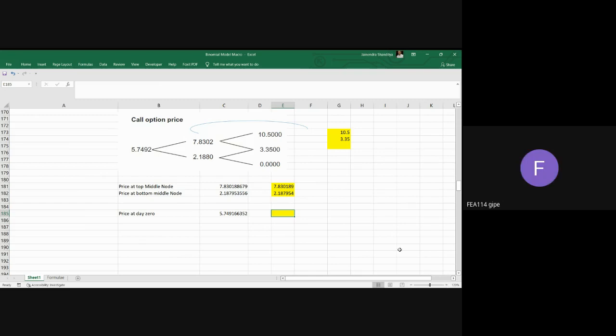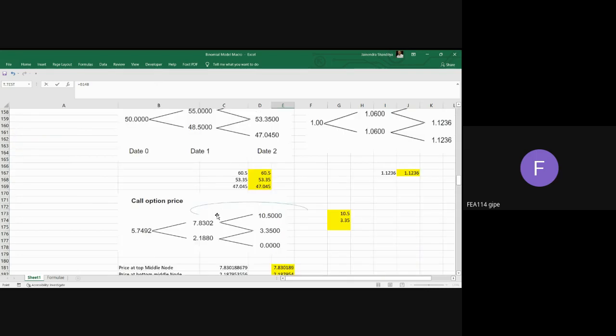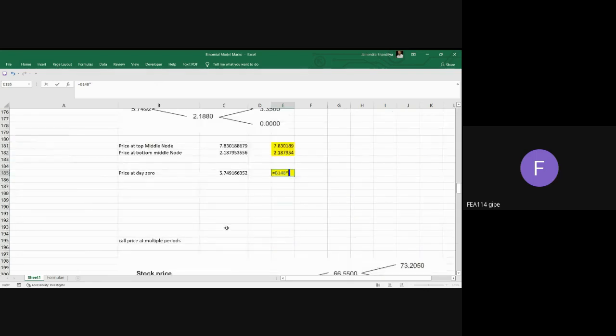Okay. So we got these two prices at the middle node. Now we need to price at date 0. Again, you'll use the same QU into the maximum of. You know that this value is going to be this, so there is no need to use the maximum.